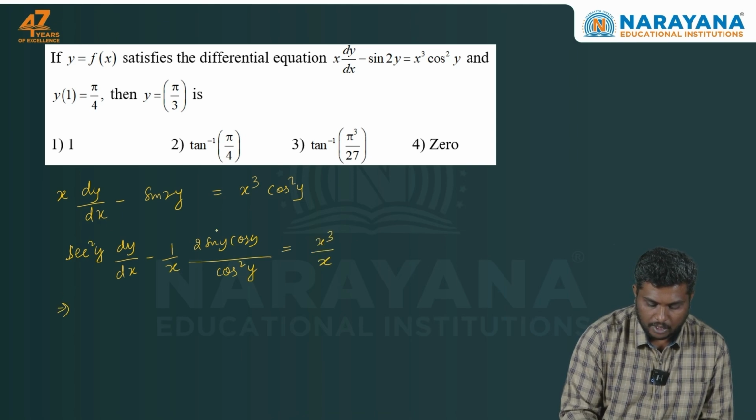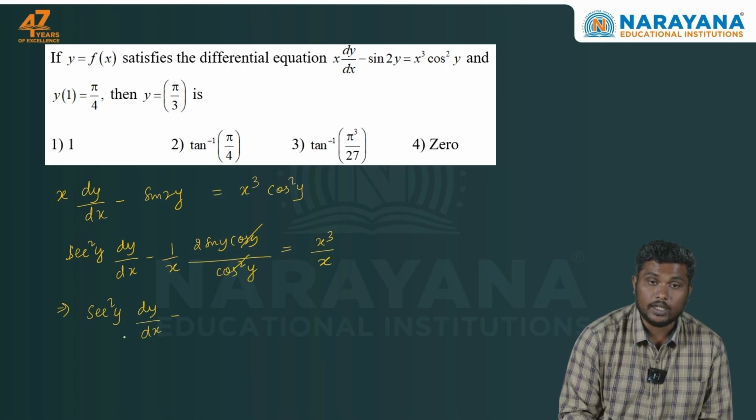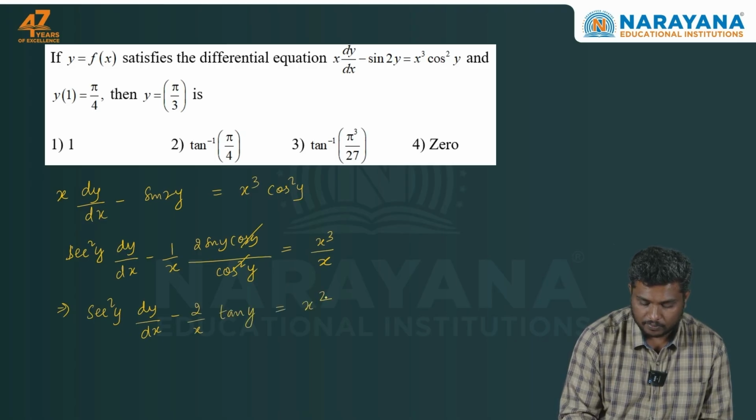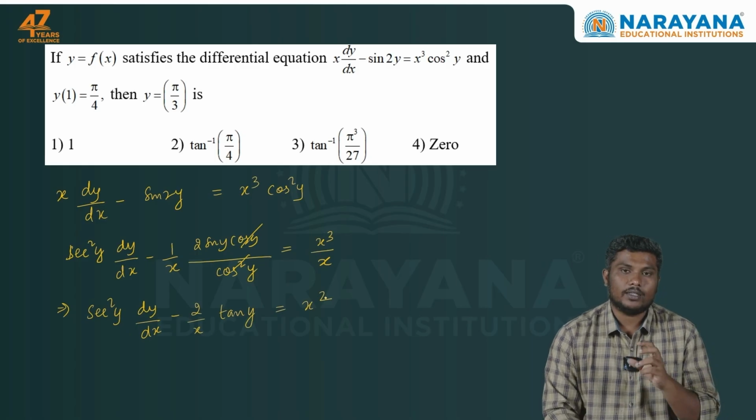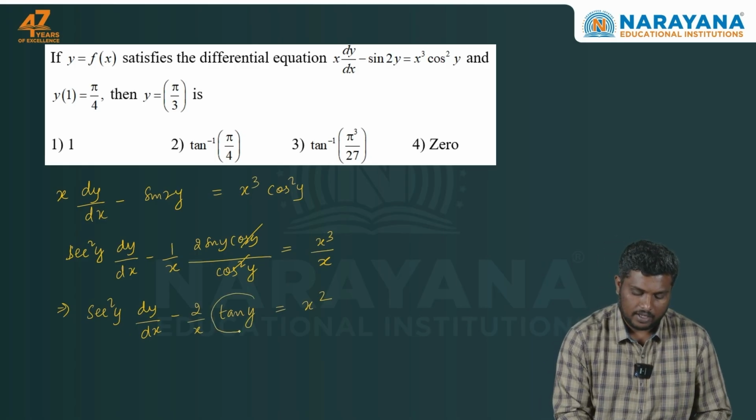So guys, here sine y cos y gets cancelled out, so I will have secant square y dy by dx minus 2 by x into tan y, which is equal to x square. I have to make a minor substitution, which is tan y is equal to t.